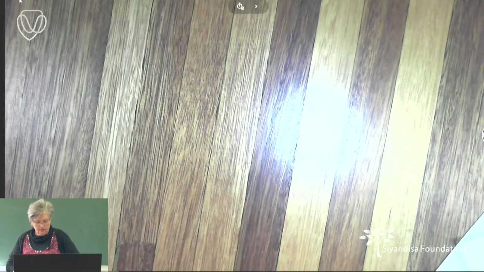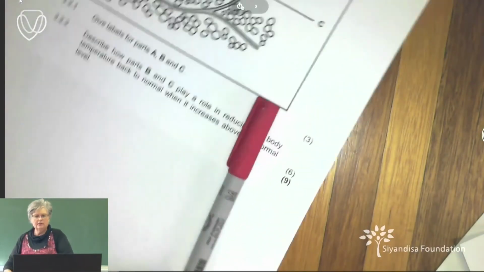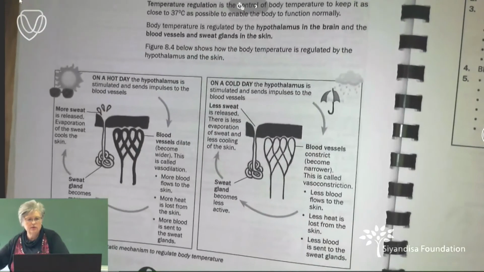Then there is a little part in the syllabus that has to do with the skin. How do we regulate skin temperature? Usually one of the two is in the exam paper. You will either get how does the skin react on a hot day or how does the skin react on a cold day, and it's very nicely summarized in Mind the Gap.